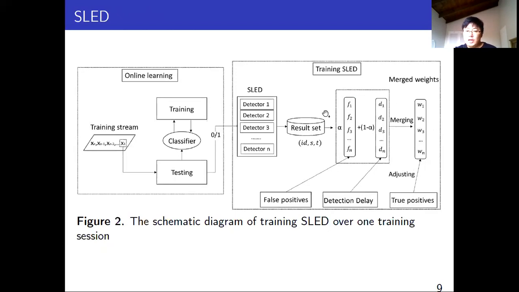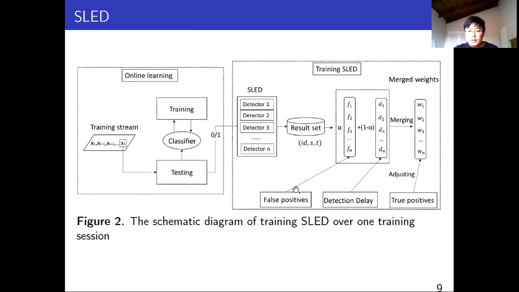We will do the same for the next training session when the next true drift becomes available. After that, we merge the set of weights learned from the last training session with that from the next training session, until the final true drift becomes available.